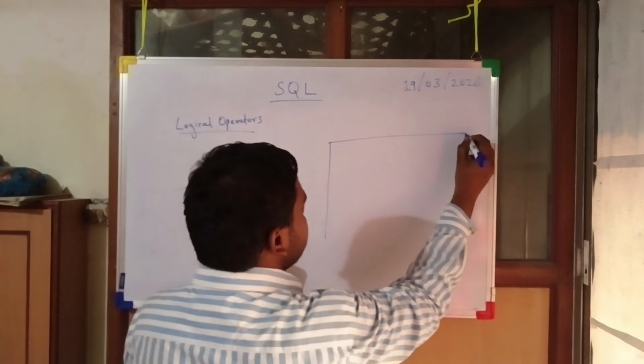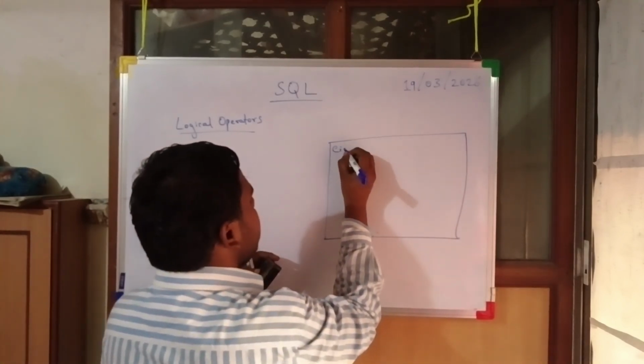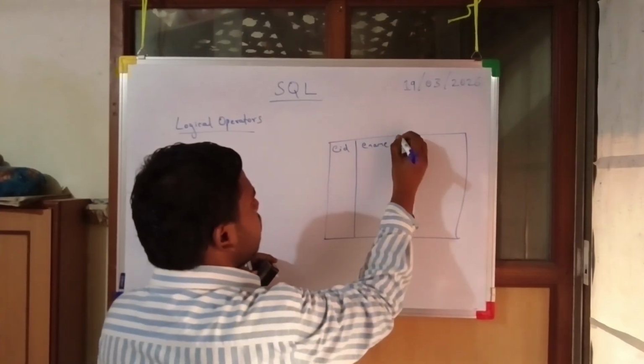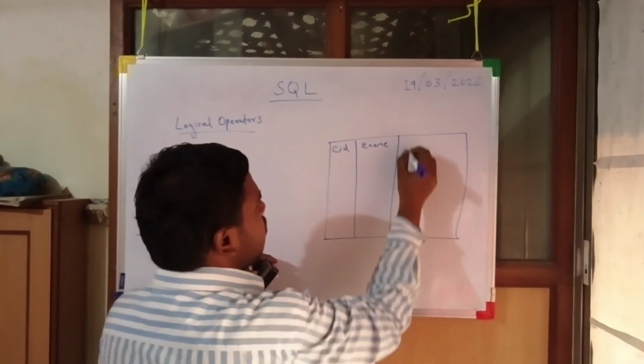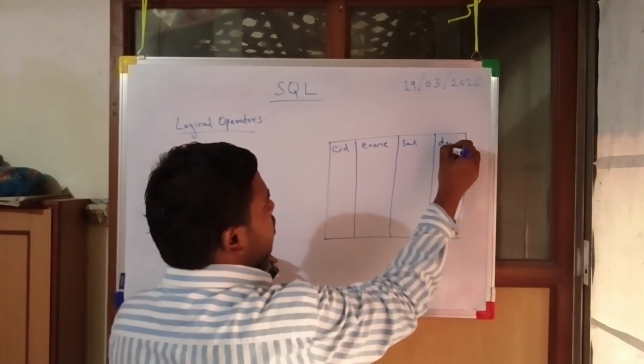Suppose the table has EID, name, salary, department number.